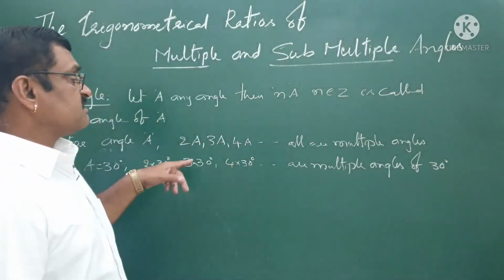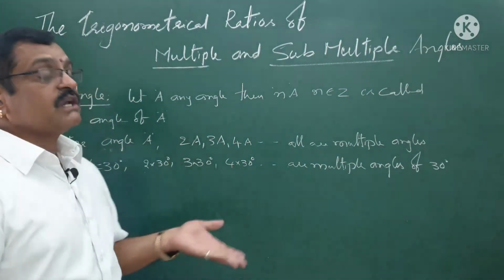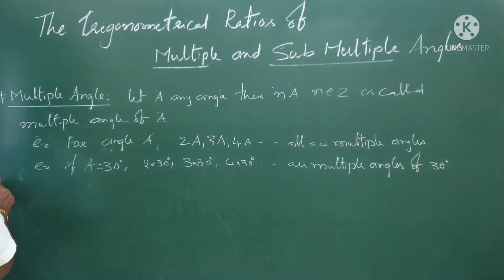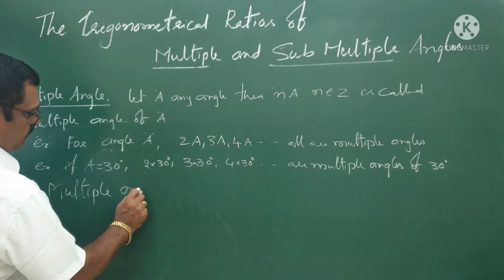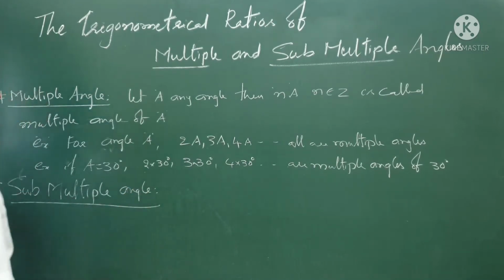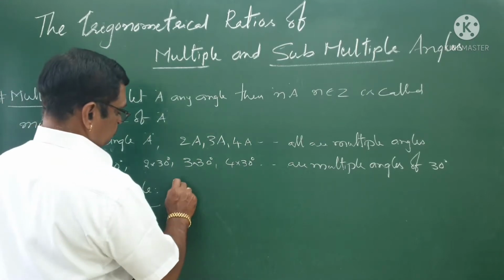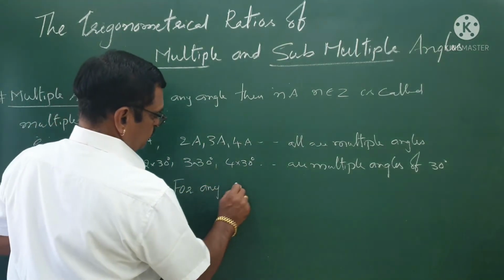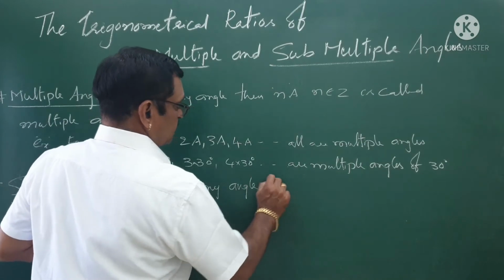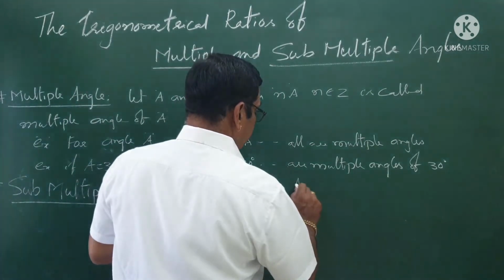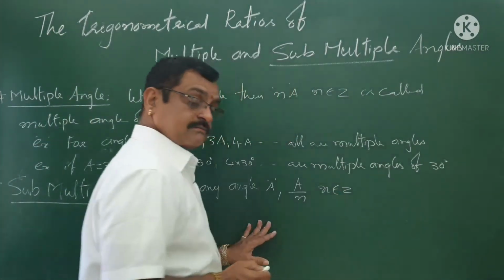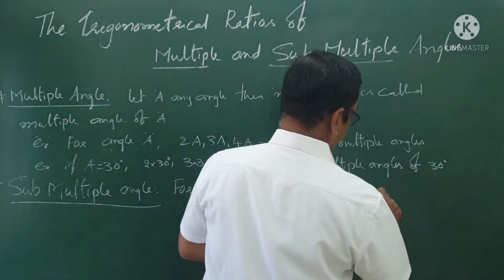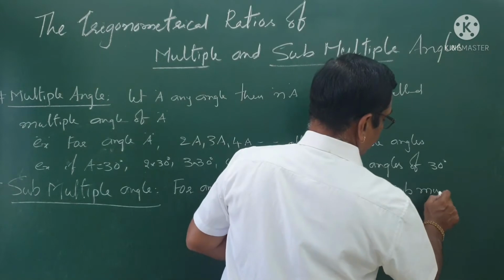Submultiple means, in the case of multiple we just multiply, so here you have to divide. So let me write that also. Submultiple angle: for any angle A, angle A by n, where n belongs to Z, that means integer, is a submultiple.